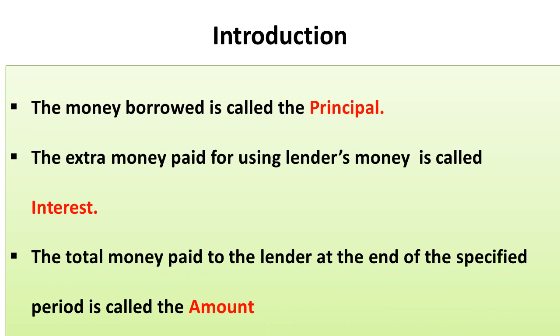So in this example, 5,000 rupees was the money borrowed, which is called the principal amount. The extra money paid as interest is 2,000. And at the last, the total money paid is the amount, which is equal to principal plus interest. These are the main three terms which we come across when we calculate simple interest as well as compound interest.